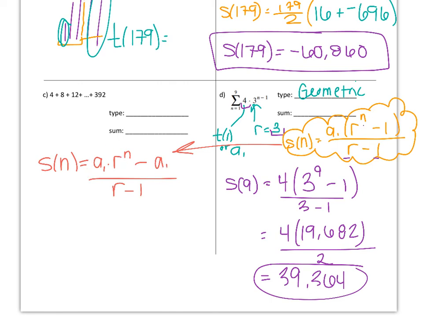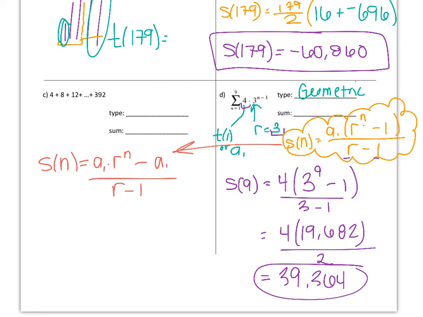Another variation you might see is completely reversing the order of the subtraction, which we normally can't do. You can't just say 5 minus 1 is the same as 1 minus 5. It's not. It would actually be the negative of the original. But if you reverse the numerator, you can reverse the denominator, and then it would end up having the exact same meaning.